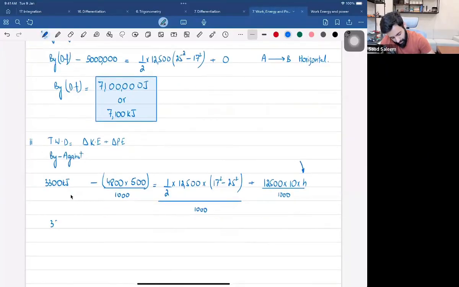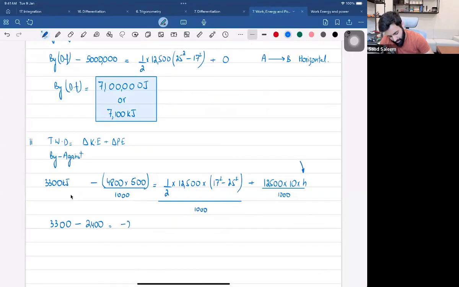So 3,300 minus, let's work this out, 4,800 into 500 divided by 1,000. That's 2,400 is equal to 0.5 into 12,500 into 17 squared minus 25 squared, close the bracket, divide by 1,000.